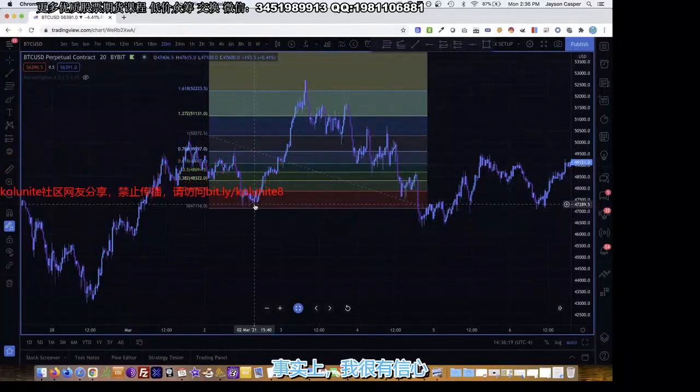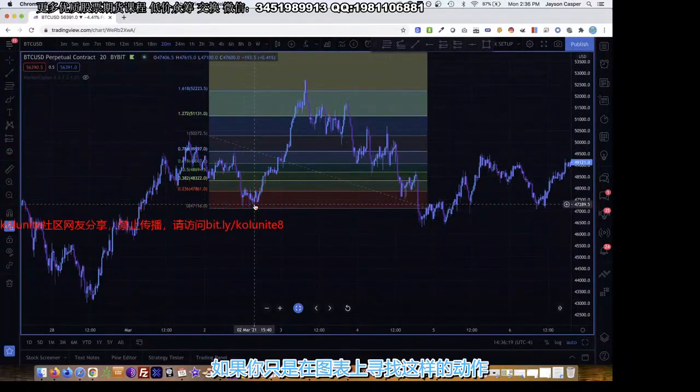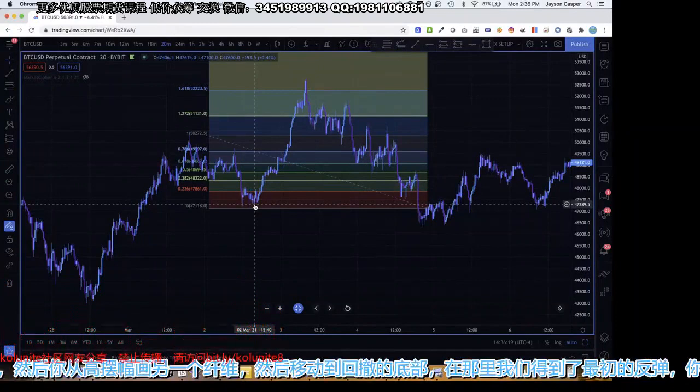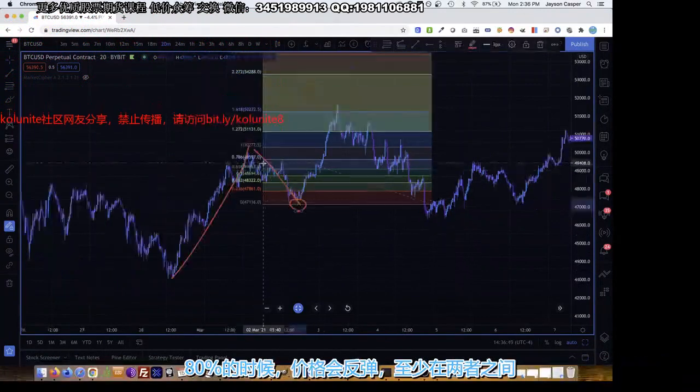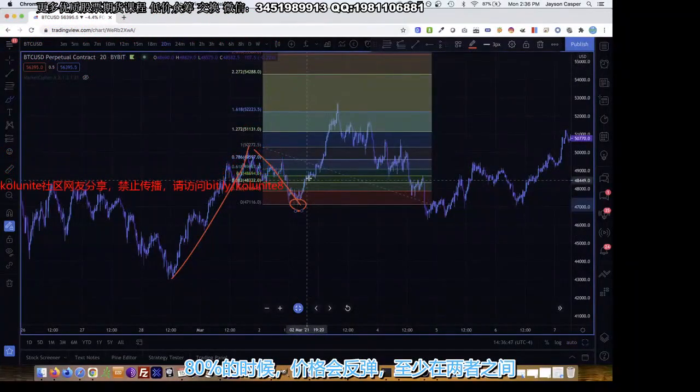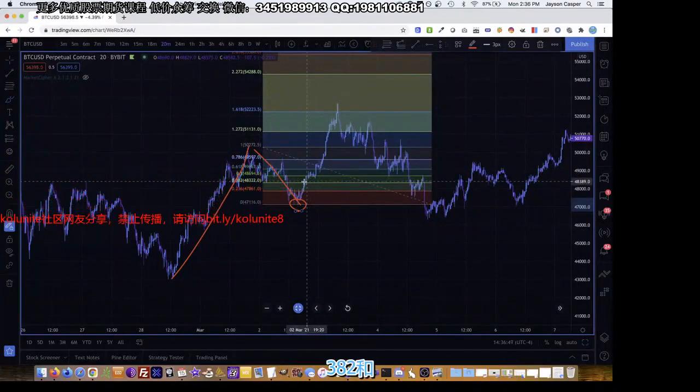In fact, I'm pretty confident that if you just look for moves like this on the chart and you draw your fib from the swing low to the swing high, and then draw another fib from the swing high of the move to the bottom of the retracement where we get the initial bounce, you will find that at least 80% of the time price will bounce up and go at least between the 0.382 and 0.5 level.